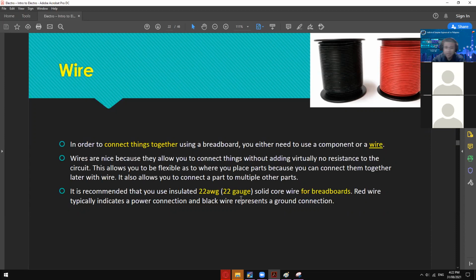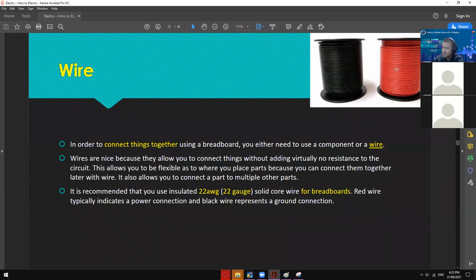So just do take note that wires, parang it has a resistor in it. So let's say 5 volts, magiging 4.9 volts na lang. Okay, kung mas mataba pa, magiging 4.8 volts na lang yung reading mo. So, depende yun sa layo. Okay, and then depende rin yun sa taba ng wire na gagamitin mo.